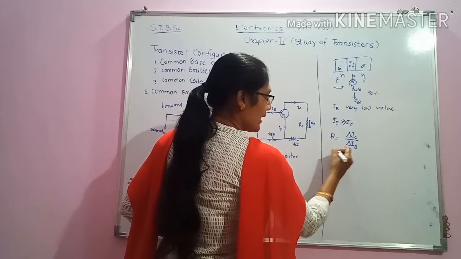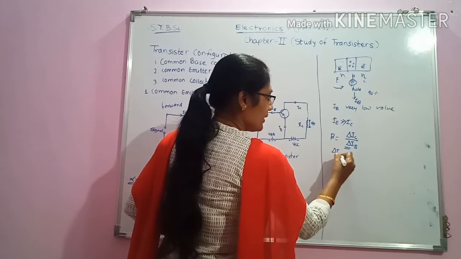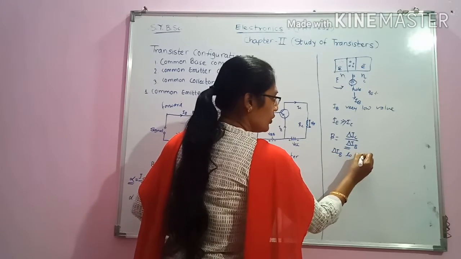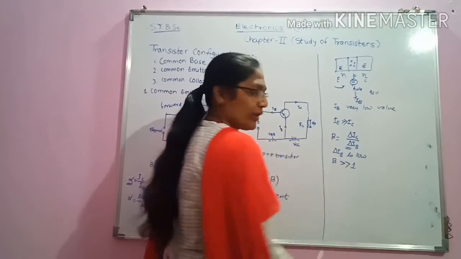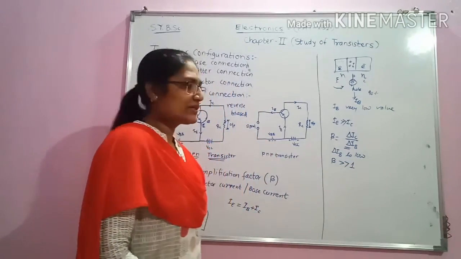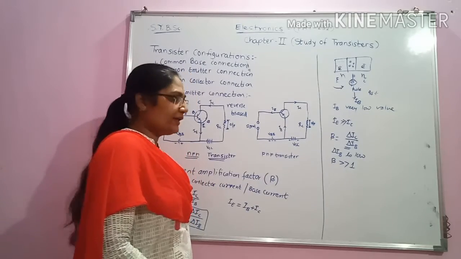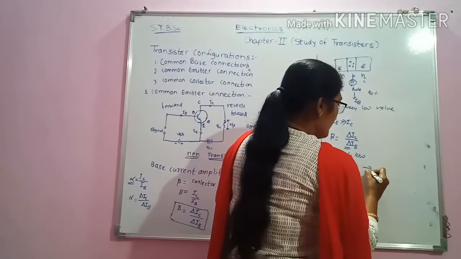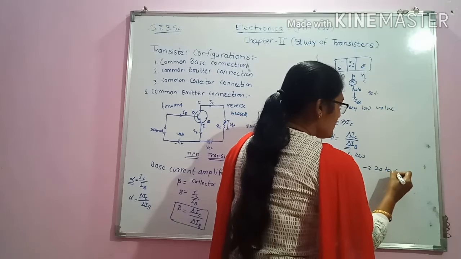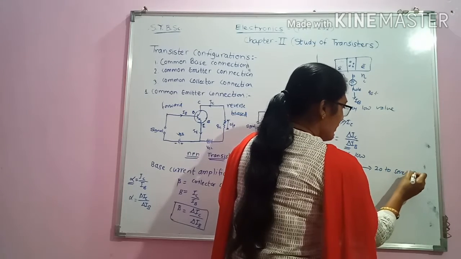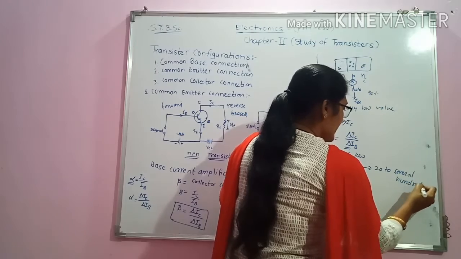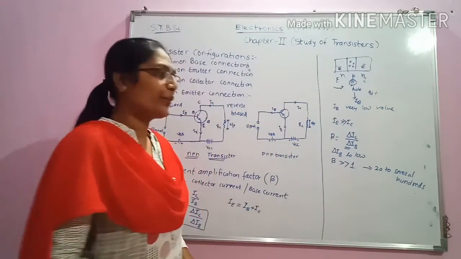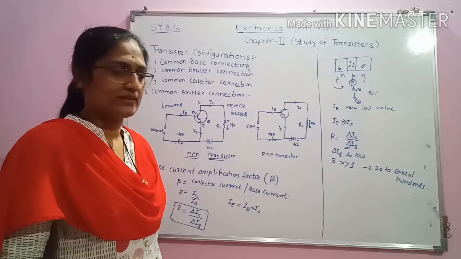As delta IB is low, beta is always greater than 1, and its value is between 20 to several hundred.